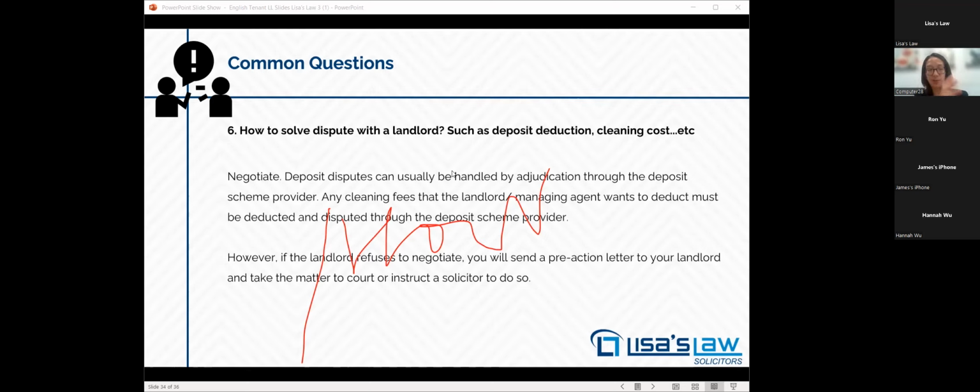This is a whole separate topic itself, and each ground has its own notice period. After that, you have to issue eviction proceedings to the court, which is now taking at least 3 to 6 months. The court is not dealing with it very quickly, unless it's antisocial behavior. I hope I answered your question.